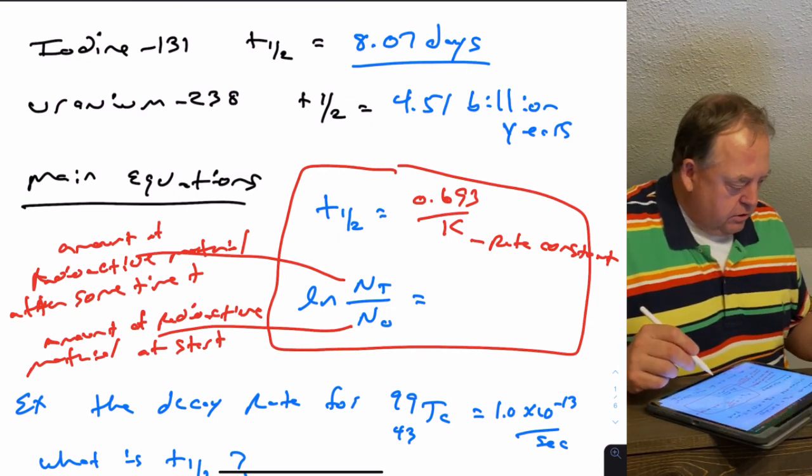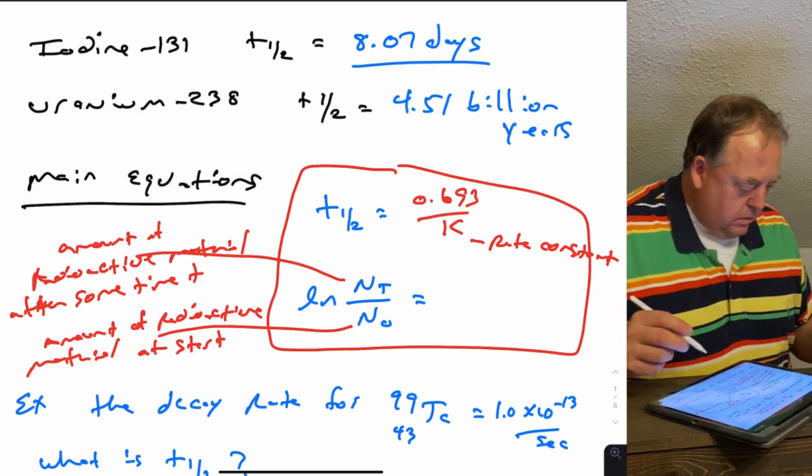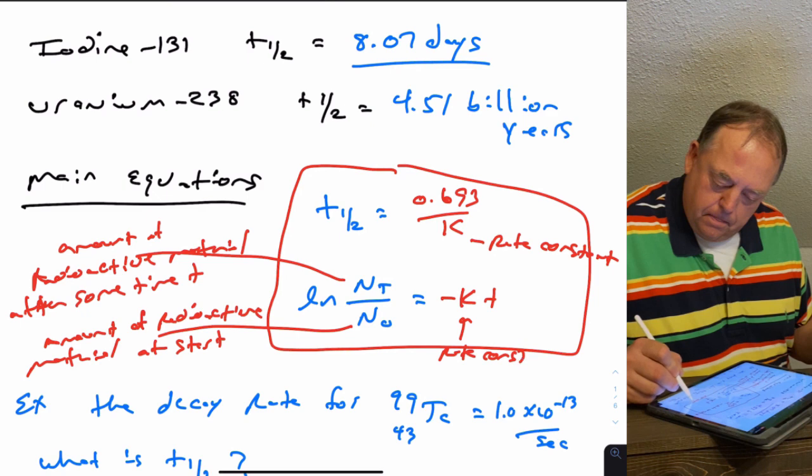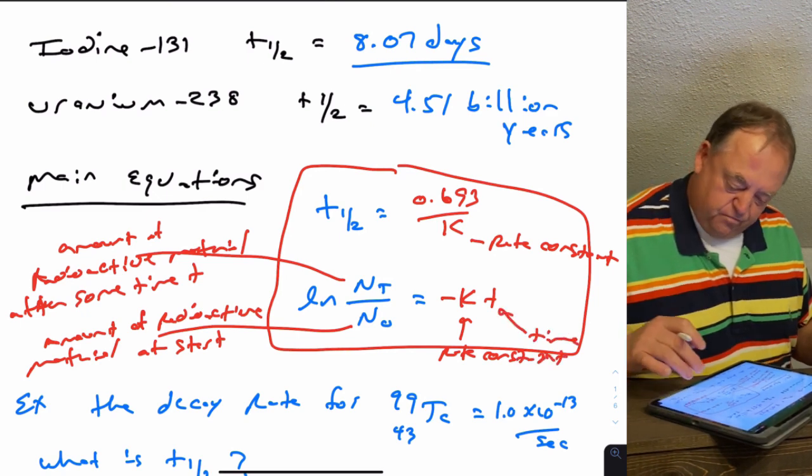So that ratio is equal to negative kt. So k is the rate constant and t is the time.